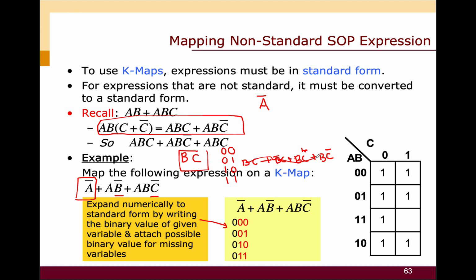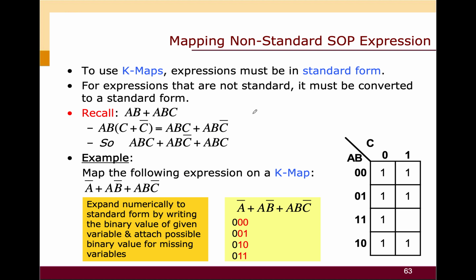What I am doing over here, let me clear it first. Okay, you have A bar. So you are missing the B and C. So if you are using the standard form, you need to have B and C variables in this term. But you can also have the possibility for B and C: 0, 0, 0, 1, 1, 0, 1, 1.